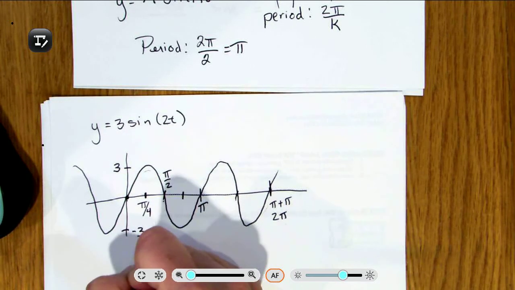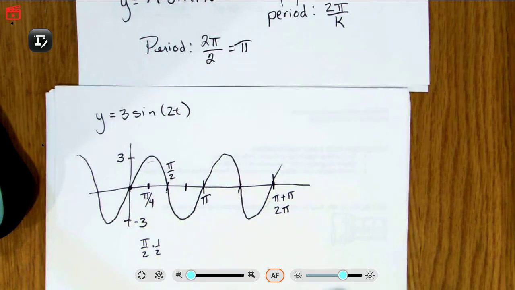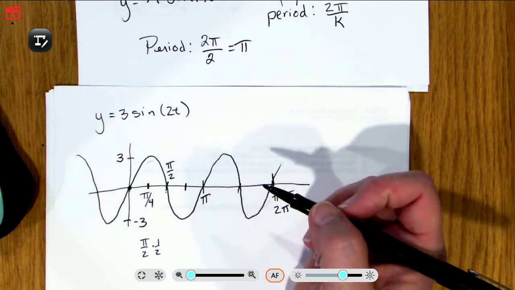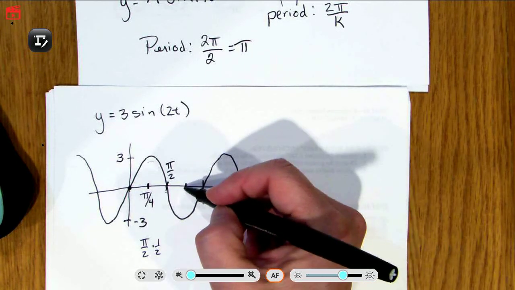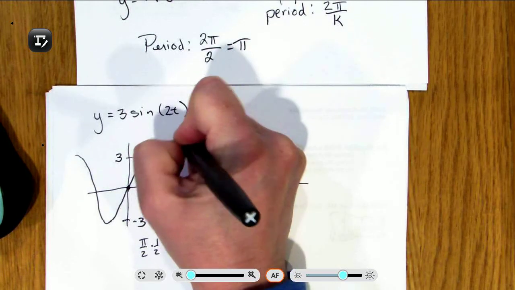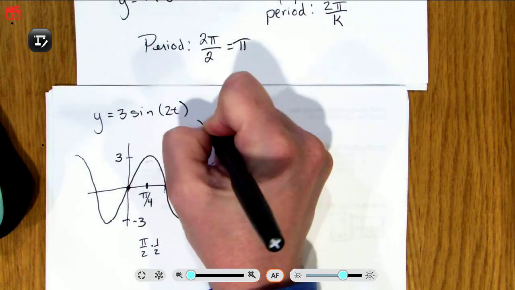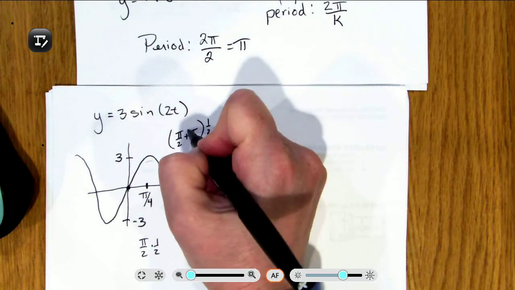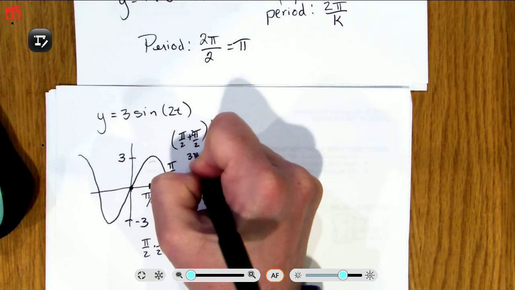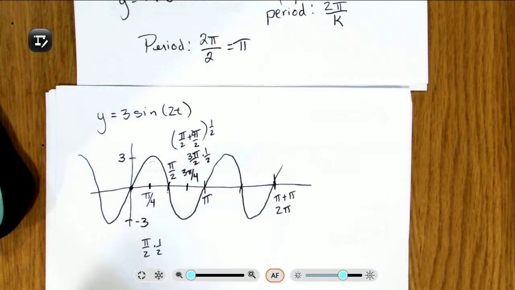Again, I took pi over 2 and multiplied by half. To find the point halfway between pi over 2 and pi, you can add these two together and multiply by a half. So this is like 2 pi over 2 plus pi, which is 3 pi over 2, times a half, so that's 3 pi over 4.